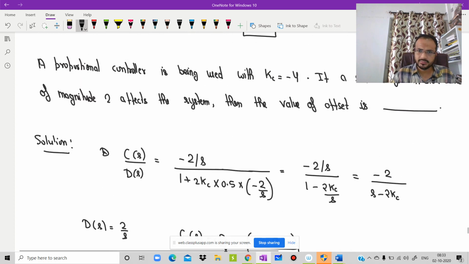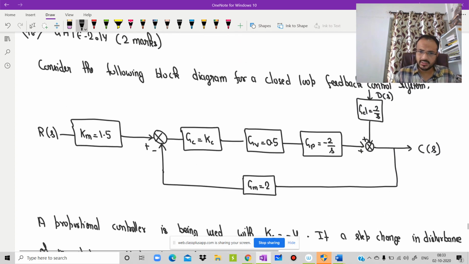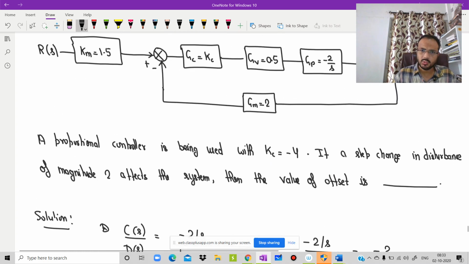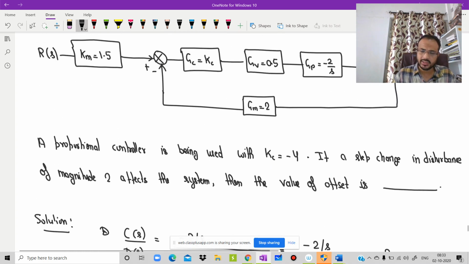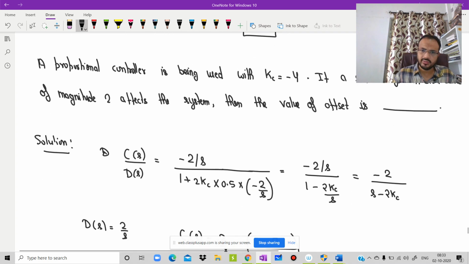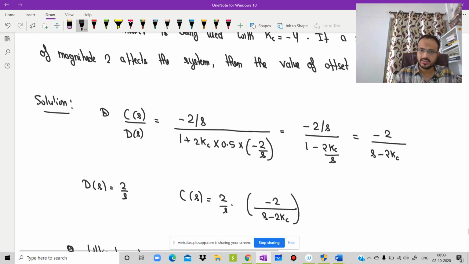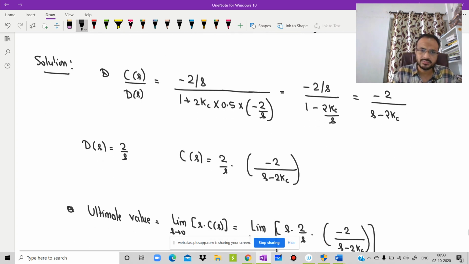Did we make any mistake? It is between this and this: minus 2 Kc divided by 1 plus 2 into Kc, 2 into Kc, 0.5 into minus 2 by s, minus 2 by s divided by 1 minus 2 Kc by s minus 2 Kc, s and s will cancel out.